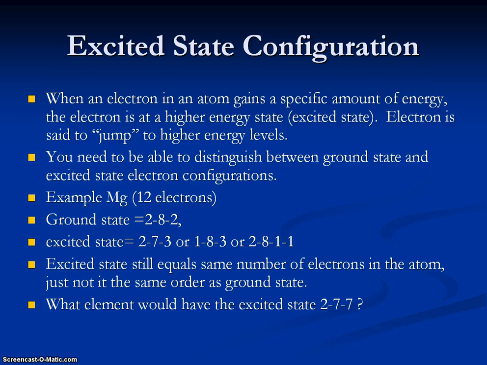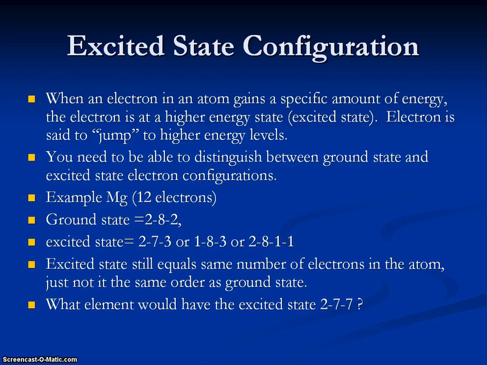Okay, so the excited state possibilities could be 2-7-3, 1-8-3, 2-8-1-1. Those are all possibilities there, because notice how they all add up to what? Well, 12, yeah. So 12 is the amount of electrons in a magnesium atom. So your excited state needs to add up to that quantity.